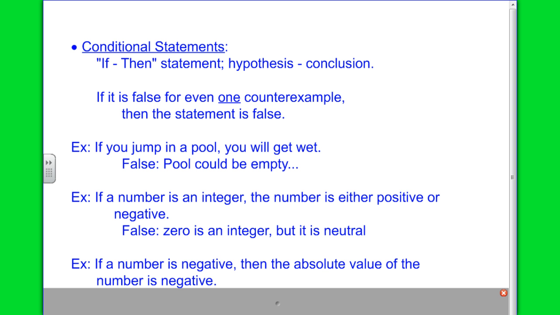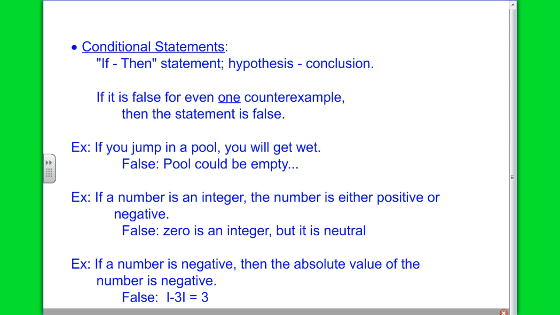The absolute value of negative 3 is 3. So you're saying just use an example of negative 3, and that proves this to be false. Who agrees with Shay? This is false. You are correct. Ooh, it's the very example I had up there. Very good. Great minds think alike.